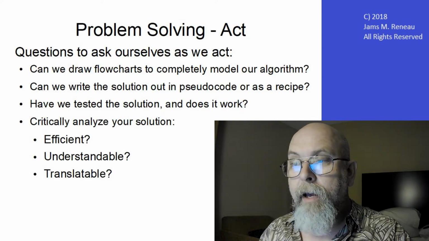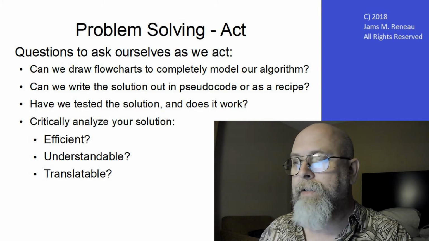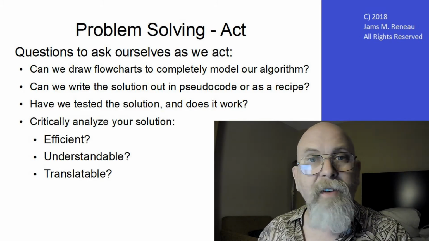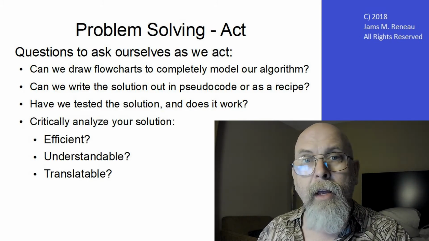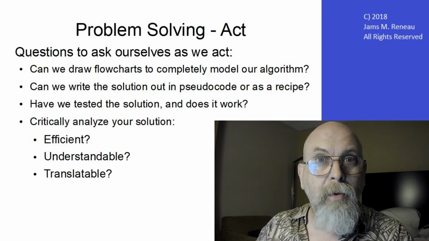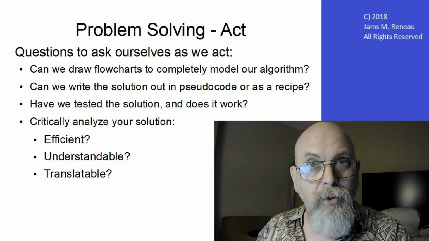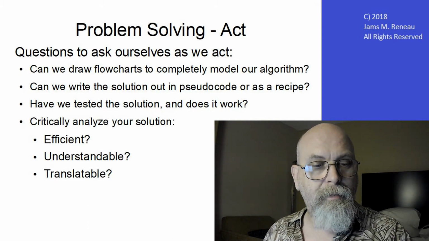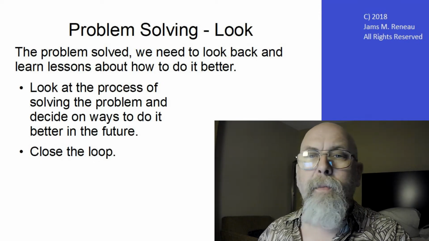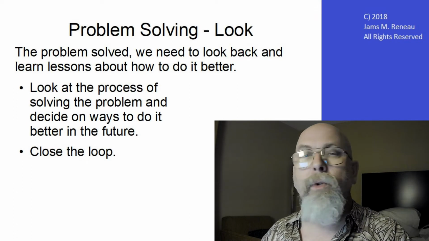Can we write the code? Is it efficient? Have we tested it? Does it really work? Is it understandable? And does it translate from the exploration that we've done into an actual actionable solution?